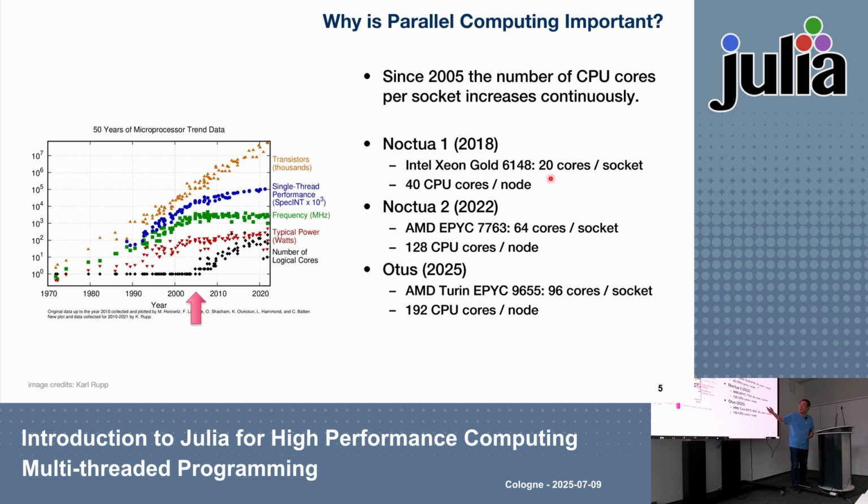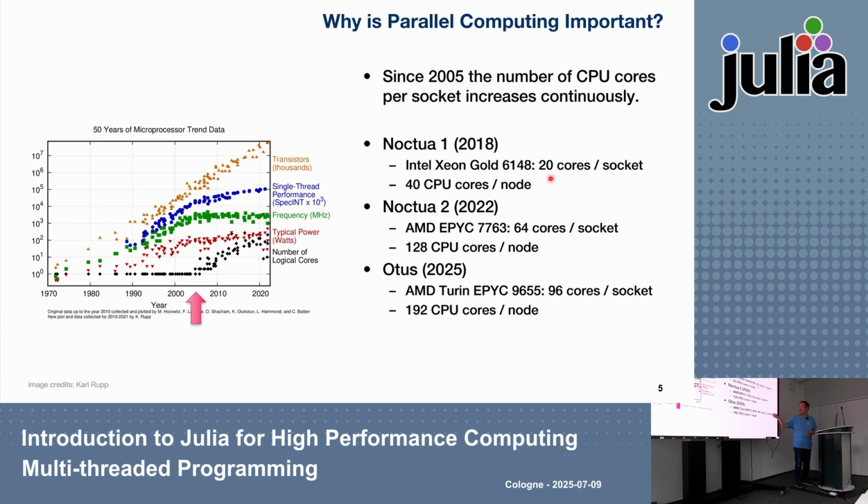As you can see nowadays, in one compute node in Noctua 2, it has 128 CPU cores. This is fantastic. But what is more fantastic is this year, of course, Otus from PC2, for one CPU socket, it has almost 100 CPU cores, as you can see, 96 CPU cores.